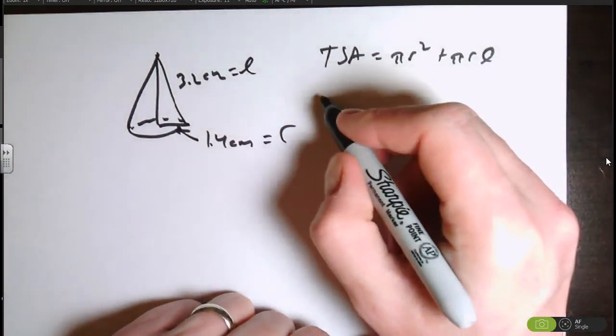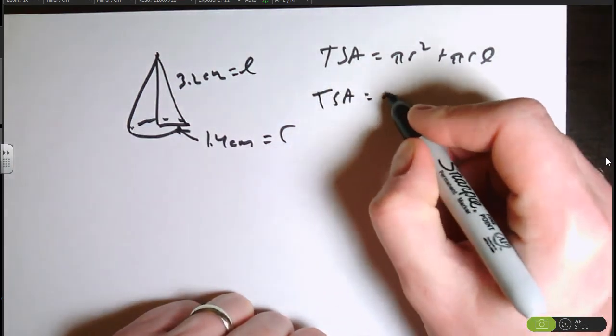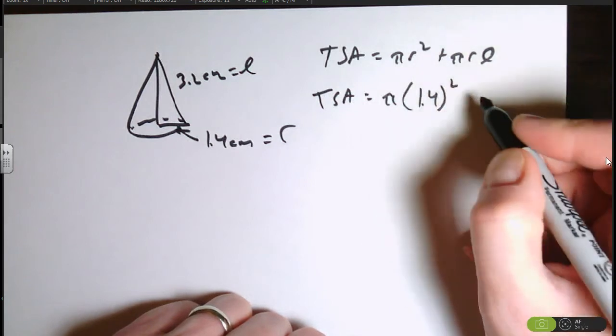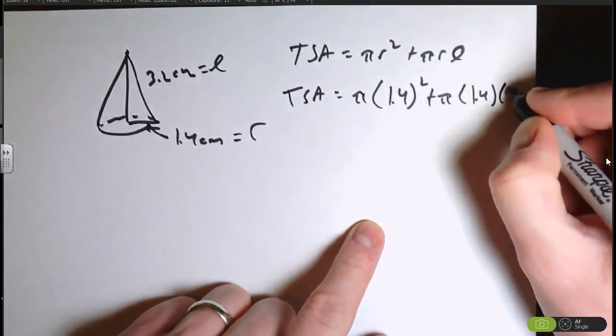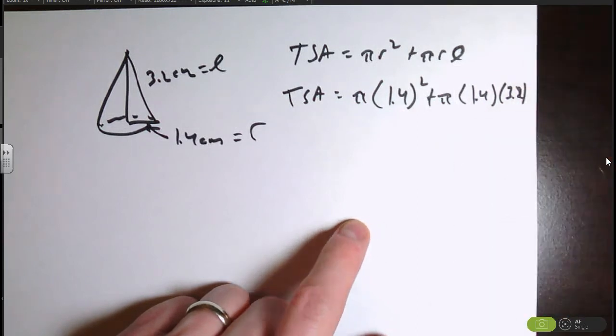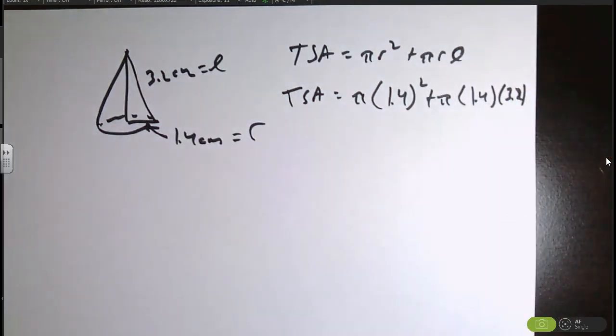So this one really is pretty straightforward. Pi times 1.4 squared plus pi times 1.4 times 3.2. And then we just basically get our calculator out.